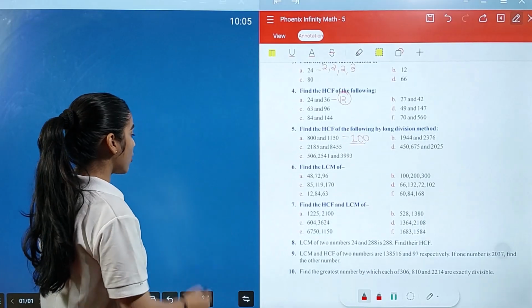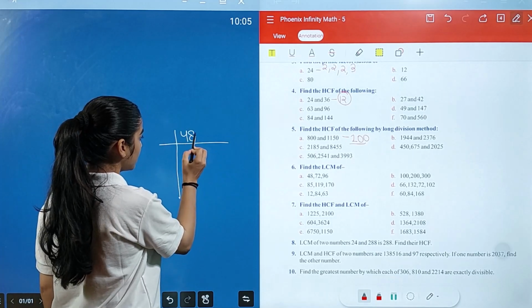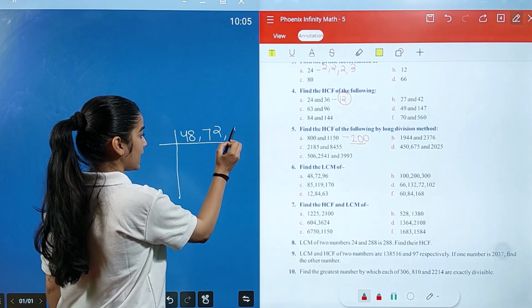Find the LCM of, so we have to find out the LCM of 48, 72 and 96.